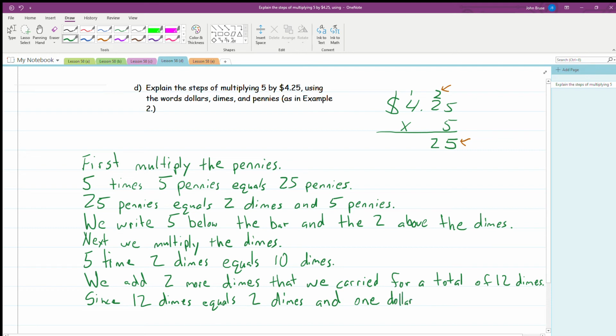Go back to my example. We write a 2 below the bar and a 1 above the dollars.